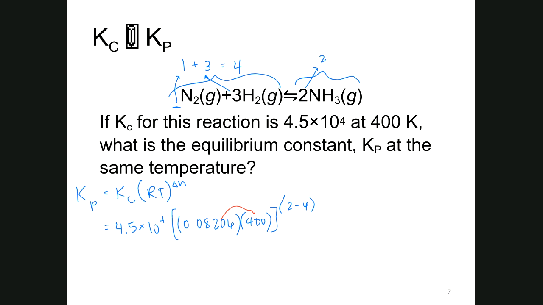Once you're done with that, try it out for yourself, see if you're getting the same thing, but the Kp value that I got is 41.7. So you can see that our values of Kp and Kc are bound to be vastly different, and that's okay.